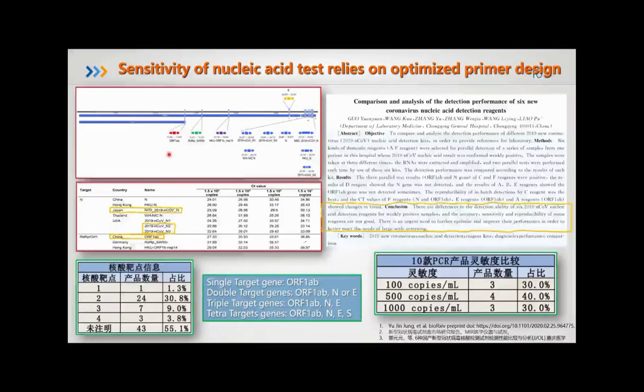The China CDC suggests the ORF1ab and N. The Germany uses RdRp, SARS-r, The RdRp stands for the RNA-dependent RNA polymerase, and also the E gene.